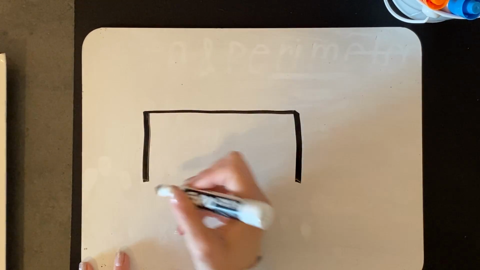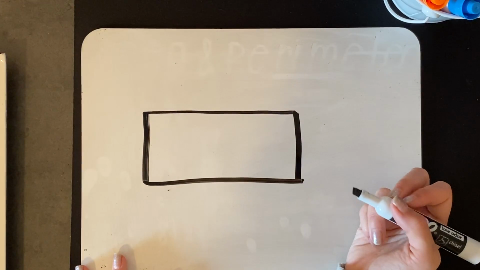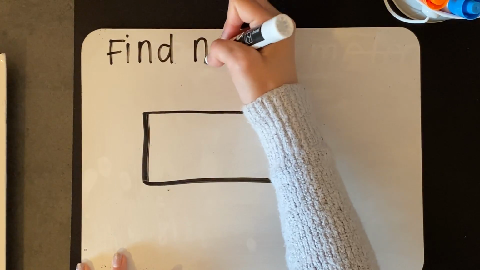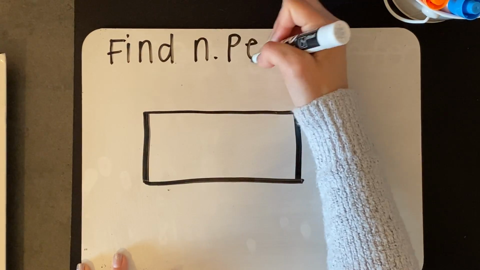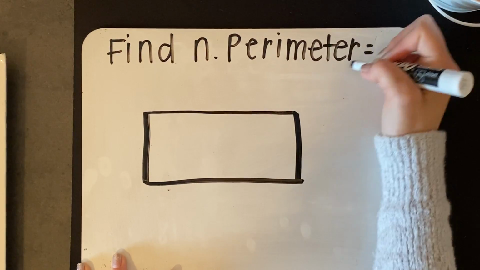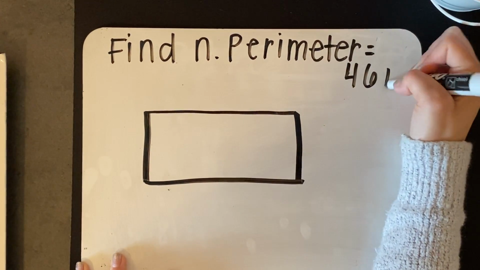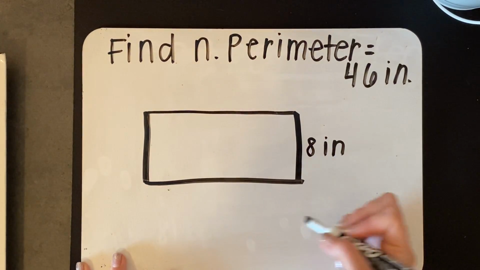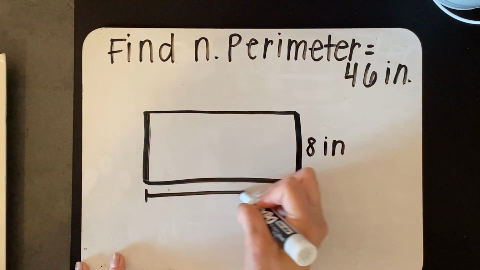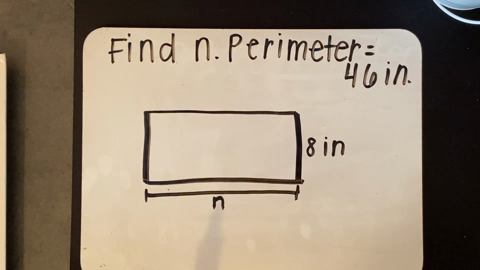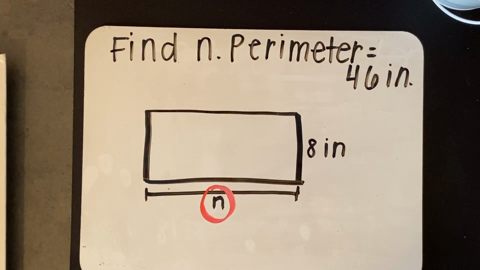You're going to have a rectangle, and the directions say find N, the perimeter equals 46 inches. They have one side labeled 8 inches, and this side is labeled N. So we need to find N. They're looking to solve what this number is.